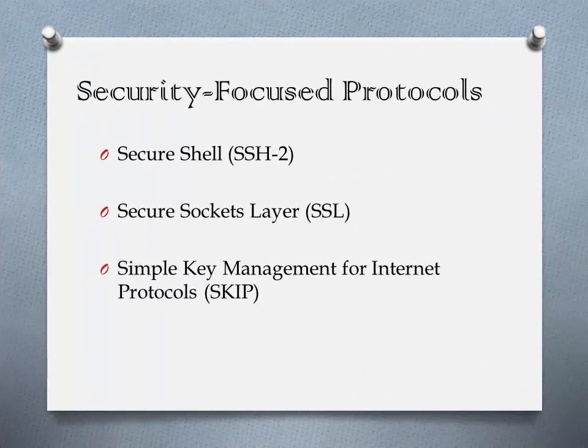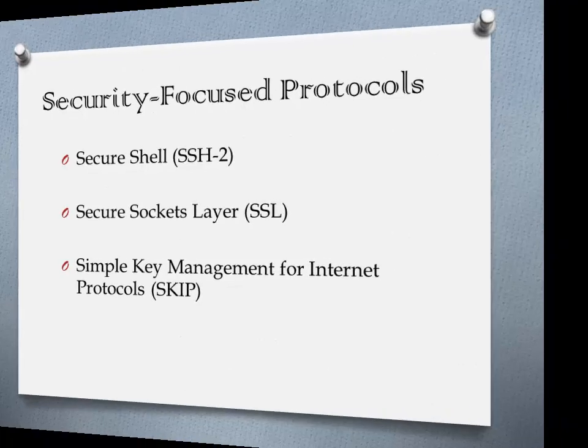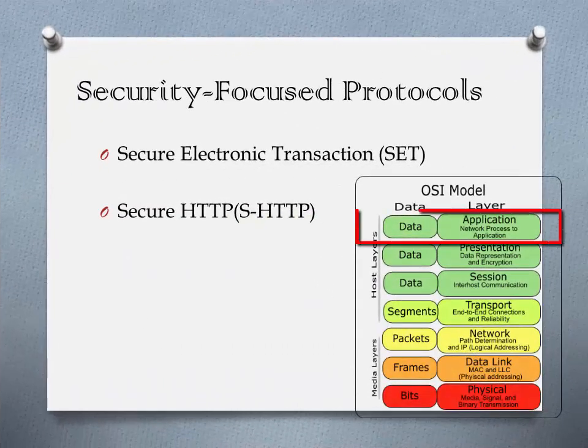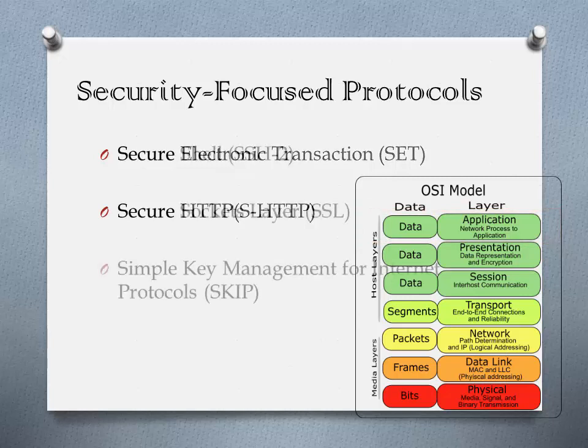Now these are other security focused protocols which are used in today's technology, which are Secure Shell, SSH, secure socket layers, and simple key management for internet protocol mostly. One thing to note is that both of these protocols operate on the application layer of the OSI model.